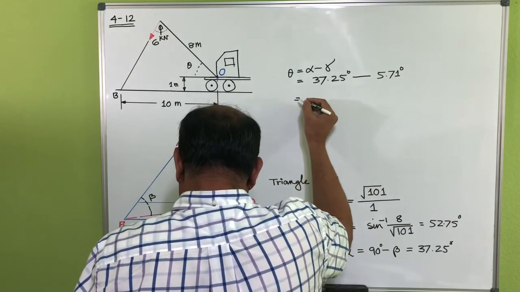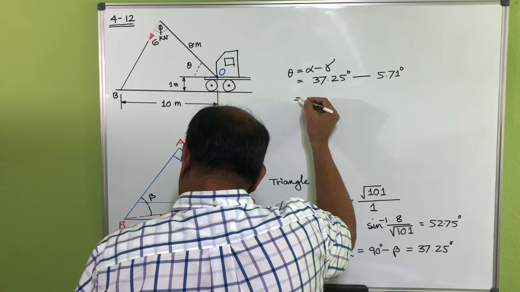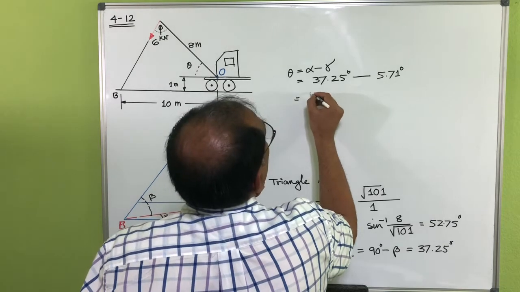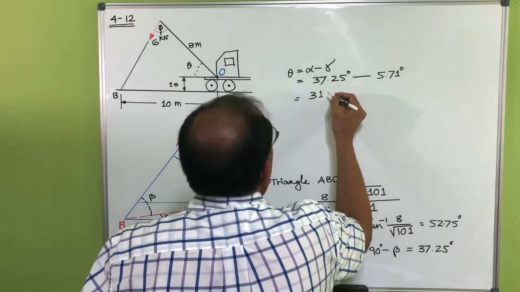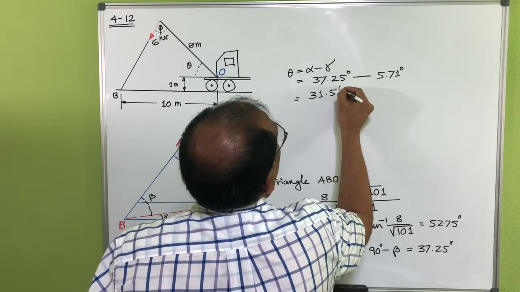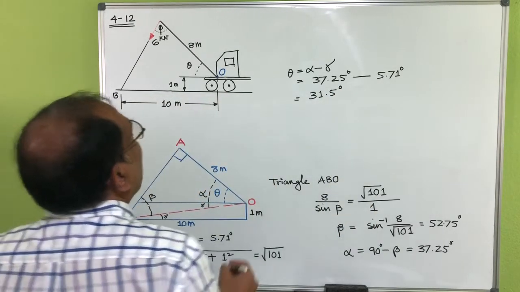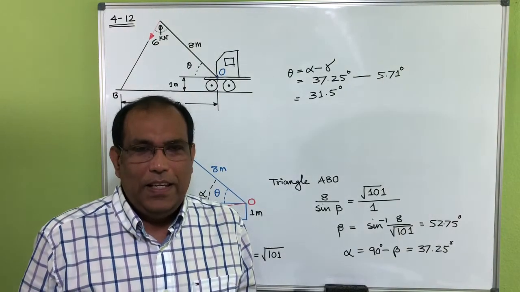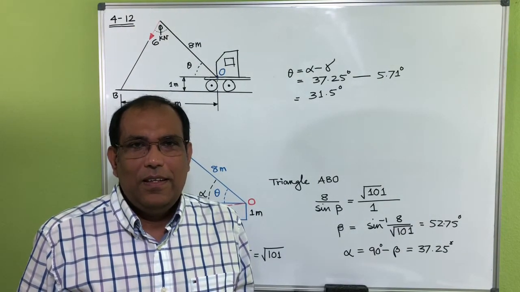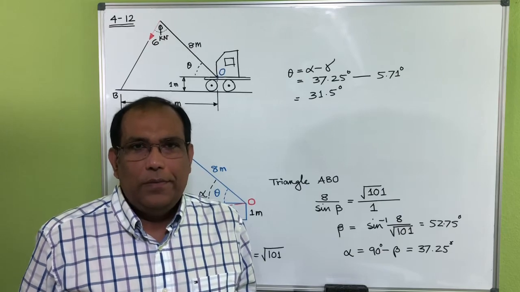That's equal to 31.5 degree. Okay, so theta has to be 31.5 degree. Now let's move forward.